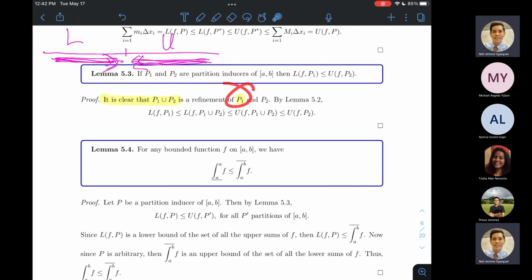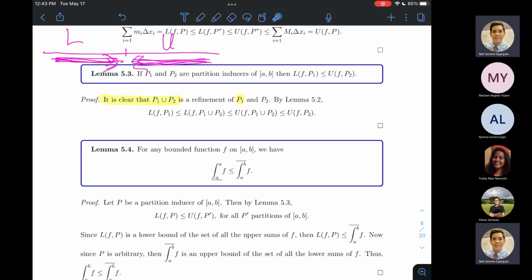So, ibig sabihin, lahat ng members ni P1 ay nandito nasa P1 union P2 plus some bonus points na nanggaling kay P2. So, indeed, this is a refinement of P1. And also, it is a refinement of P2 because all members of P2 are in P1 union P2 plus some added bonus partition points. All right? So, ibig sabihin si P1 union P2 ay parehas refinements ni P1 at saka ni P2.